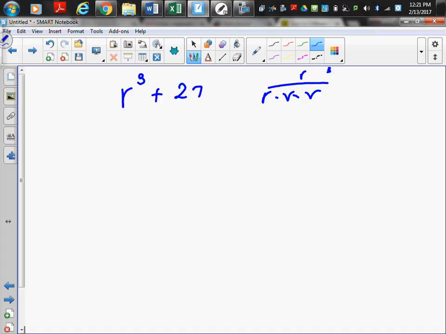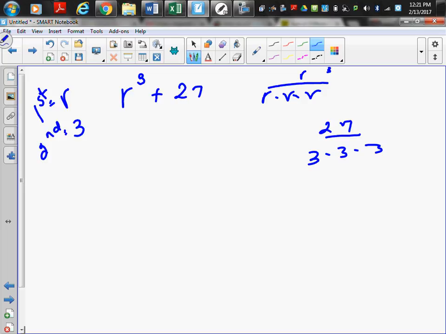And 27, 3 times 3 times 3. So what is my first piece? My first piece is just r. And my second piece is 3.